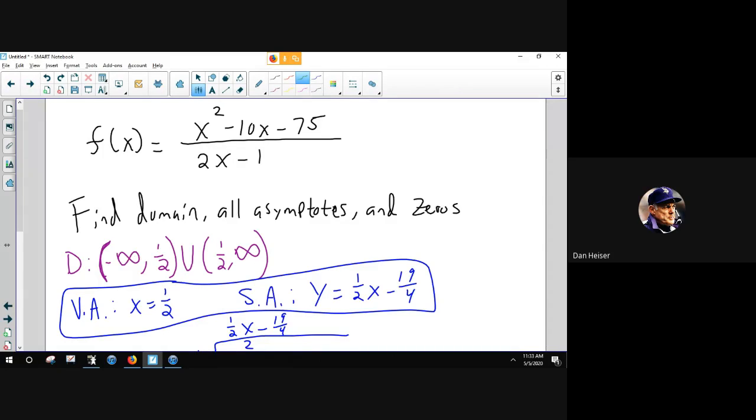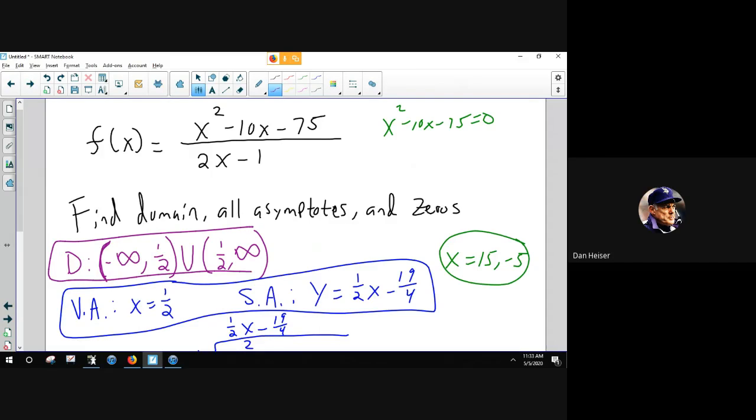Set the numerator equal to 0. And then we factor and solve. And there we have it. We have our domain. We have our asymptotes. And we have our zeros.